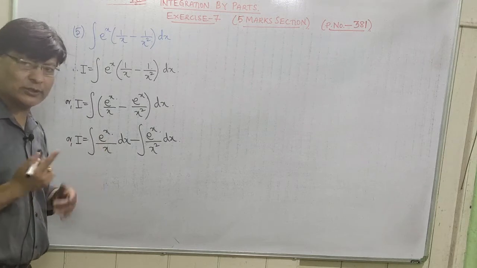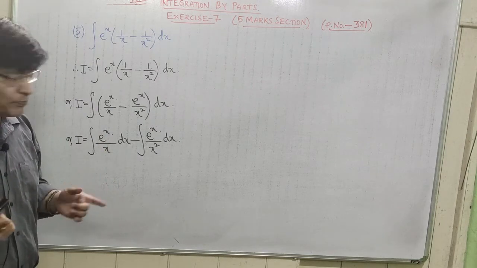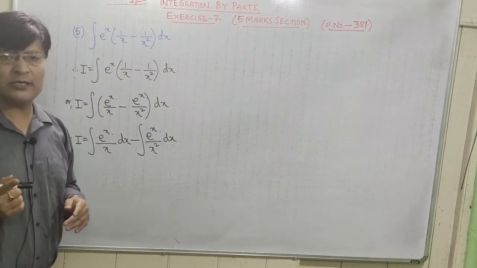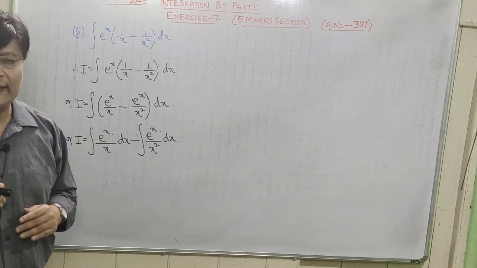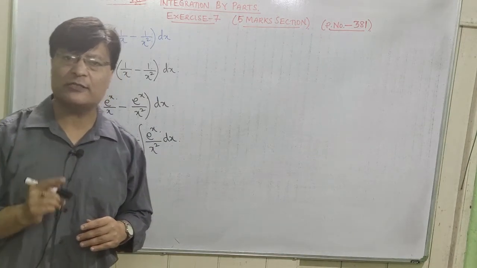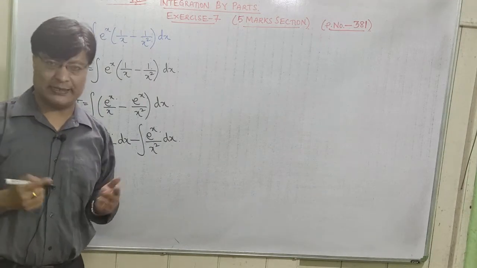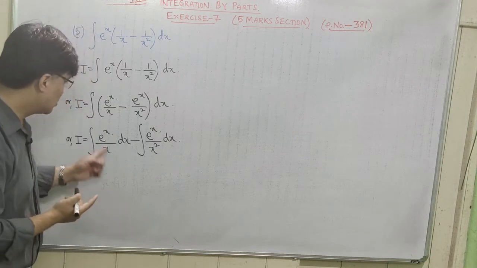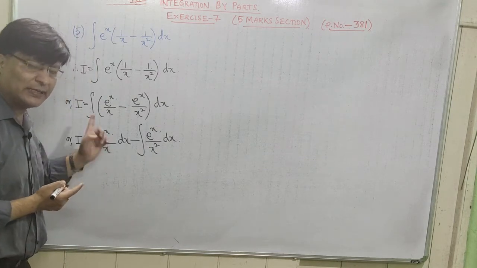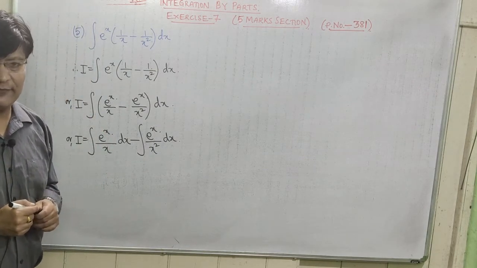1 upon x, you know that is an algebraic function, A. E to the power x is an exponential function, that is E. So among these two letters A and E, which letter comes first in the word LIATE or ILATE? That is A comes first, obviously, right? So 1 upon x is the first function and e to the power x is the second function.